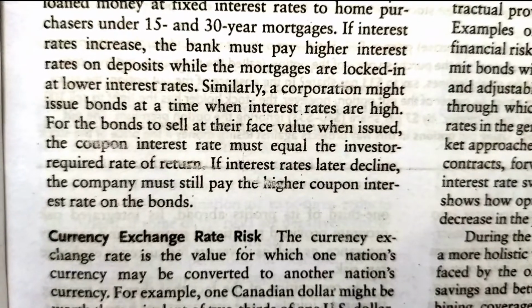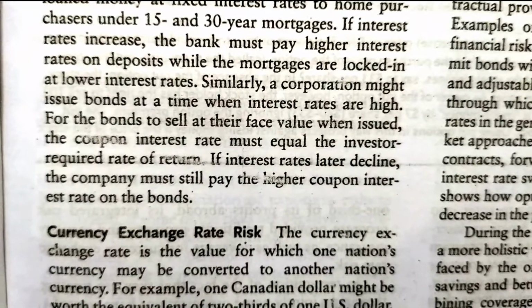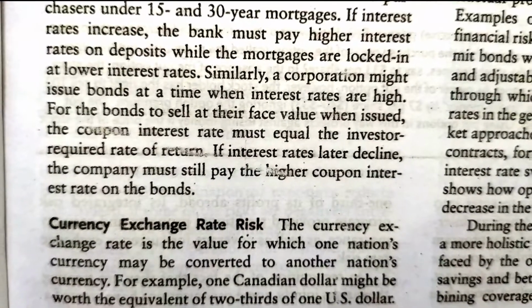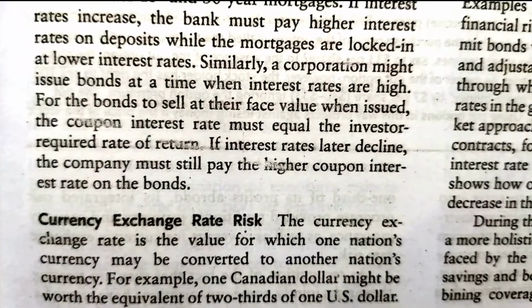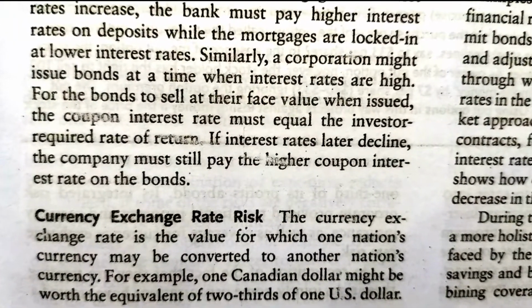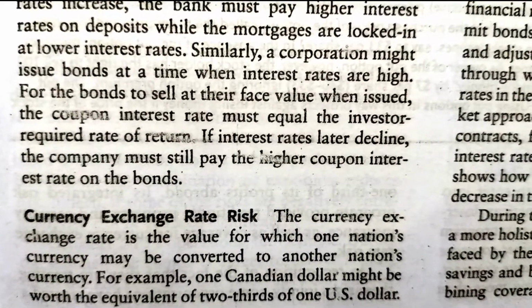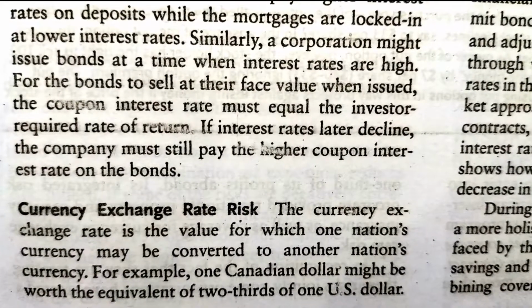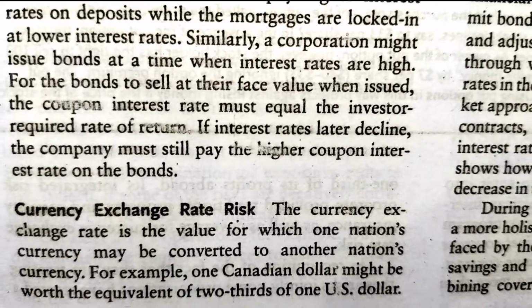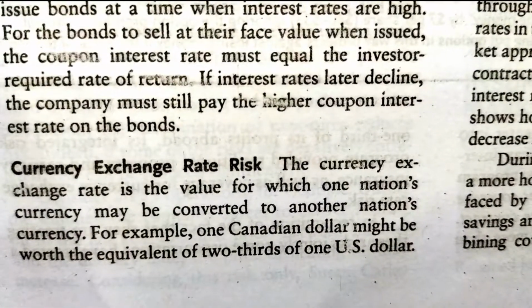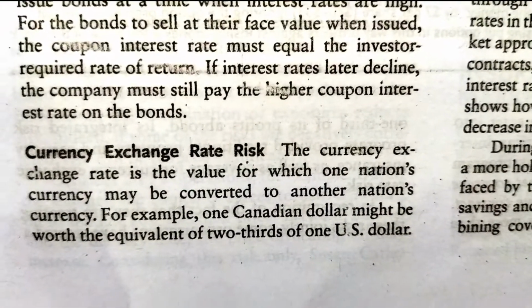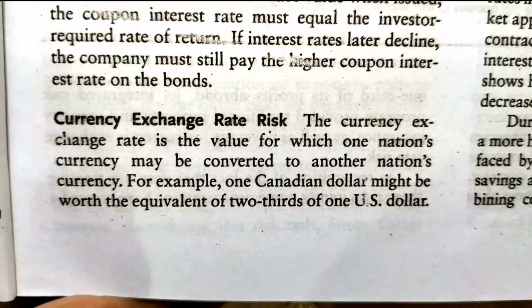Similarly, a corporation might issue bonds at a time when interest rates are high, for the bonds to sell at face value when issued. The coupon interest rate must equal the investor's required rate of return. If interest rates decline, the company must still pay the higher coupon interest rate on the bonds.